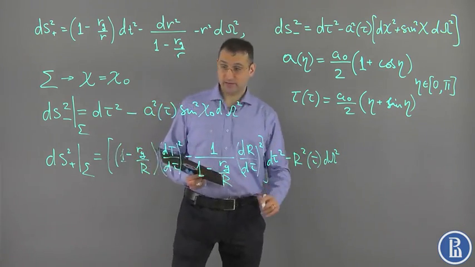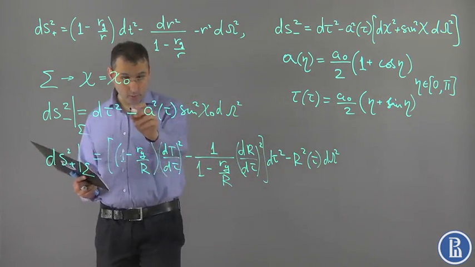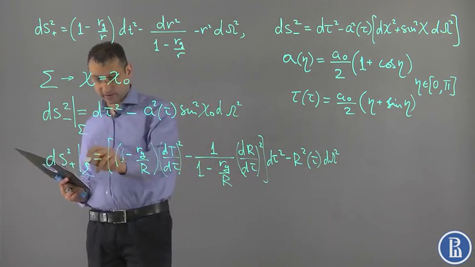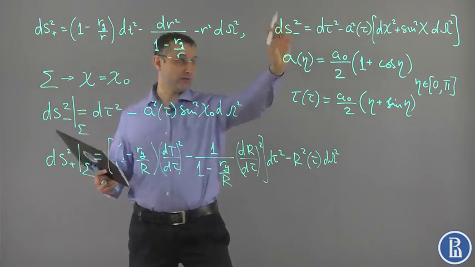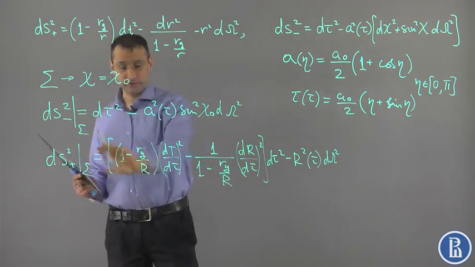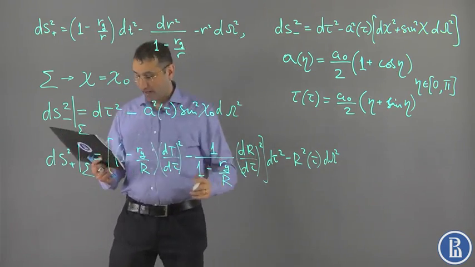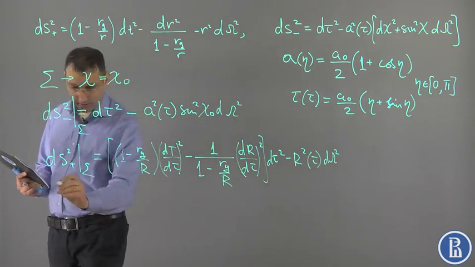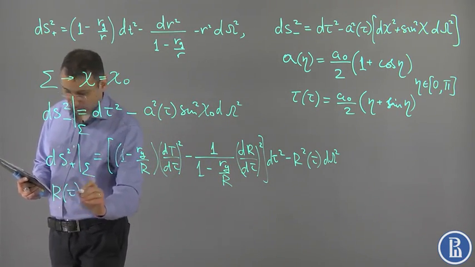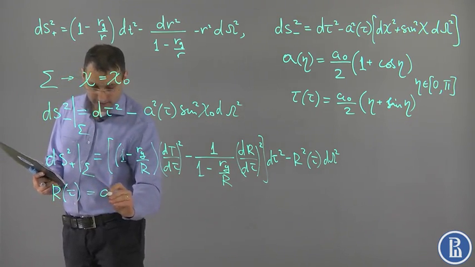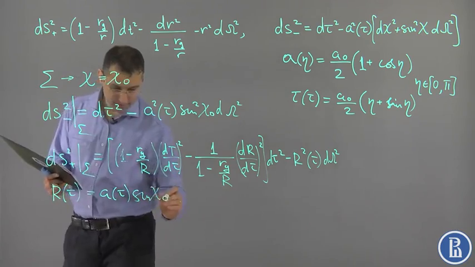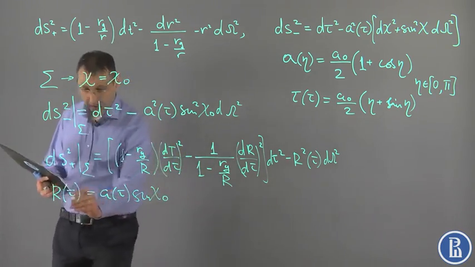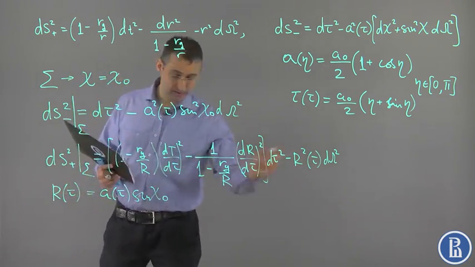To glue this metric to this one, to equate them, they should be equal because they are the same metric on the same surface. One is induced from this one, the other from this one. To equate them, we have to have the following relation: r of tau is equal to a of tau times sine chi 0.